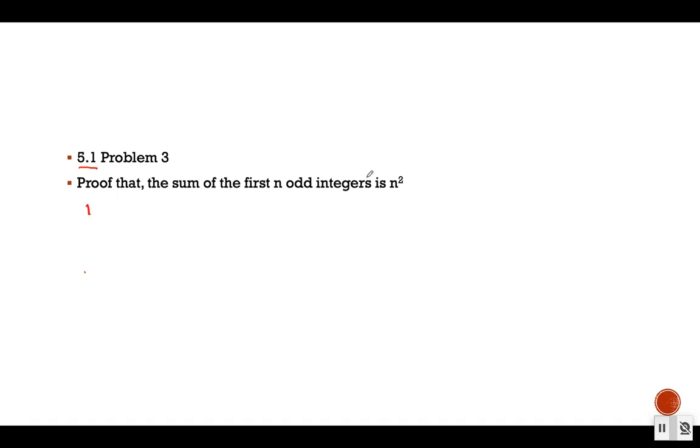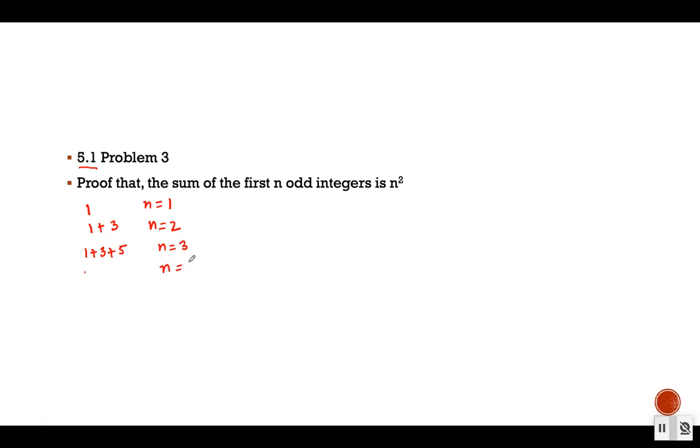The first two odd integers, 1 plus 3. If n equals 2, the summation looks like this, 1 plus 3. And if n equals 3, the odd numbers we are going to add are 1 plus 3 plus 5.